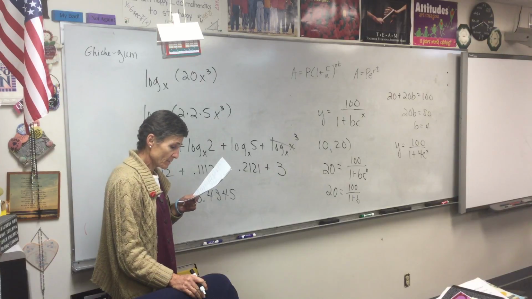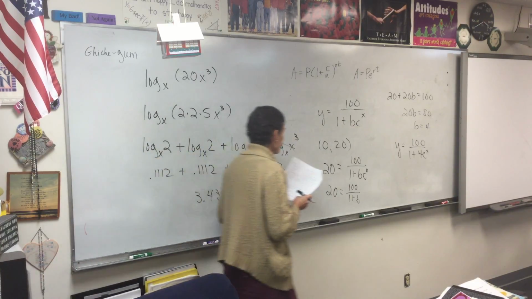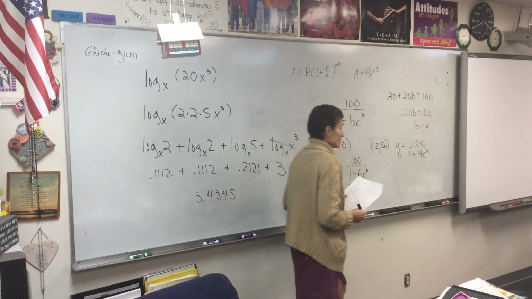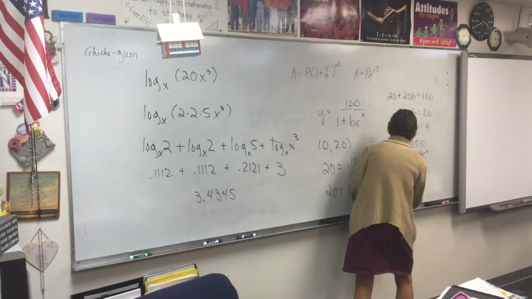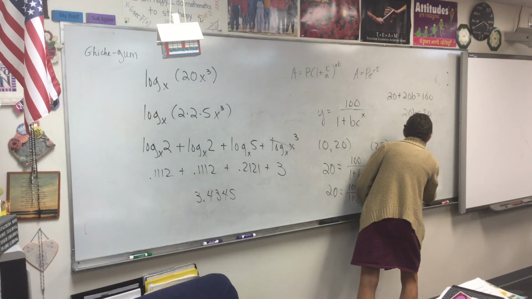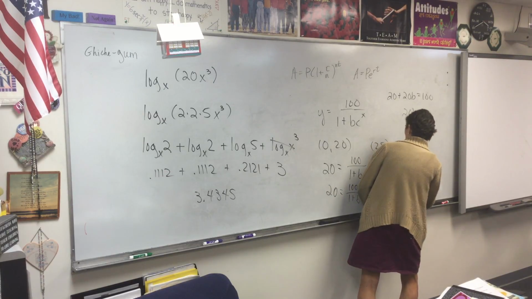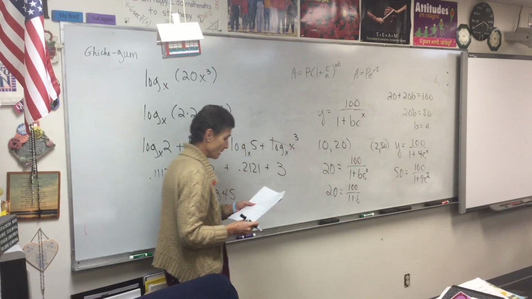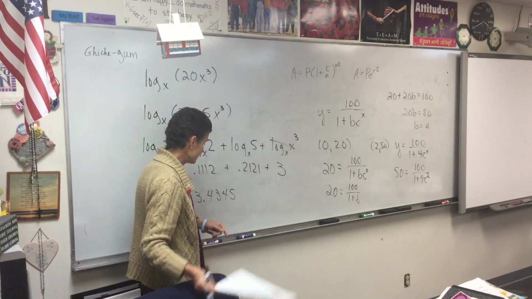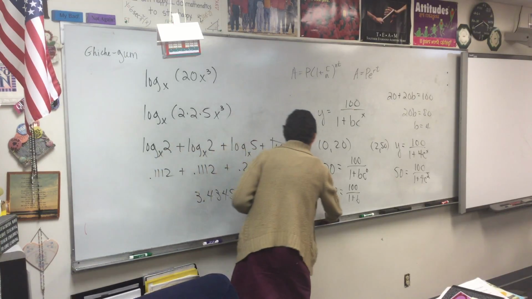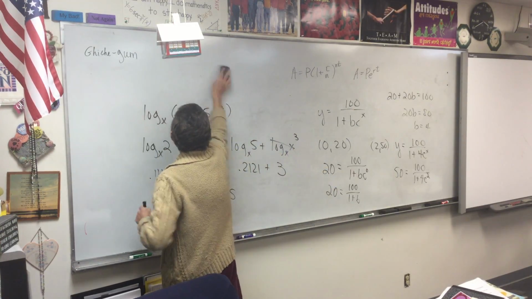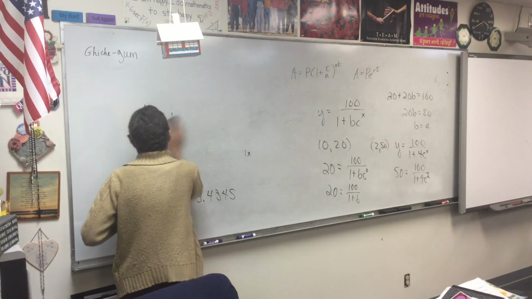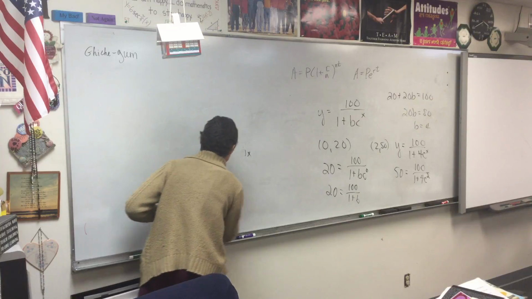And then what's left? Something should be left. I have the point 2 comma 50. So now I'll plug that in. So I should be able to figure out what c is now. So what will I do? Multiply to clear the fraction, distribute. I'm going to distribute again.